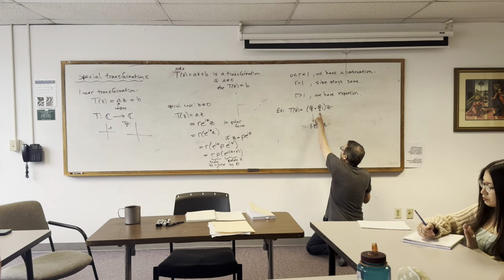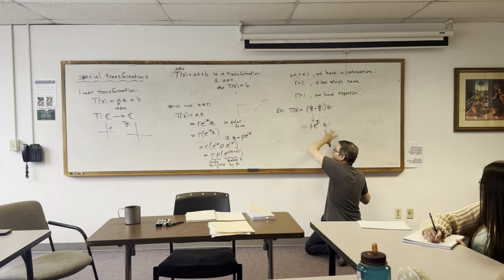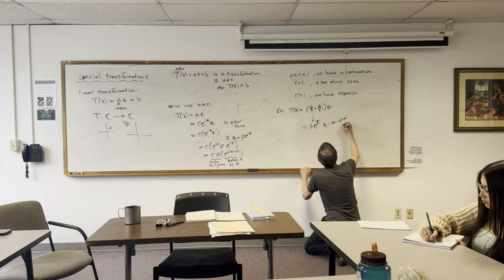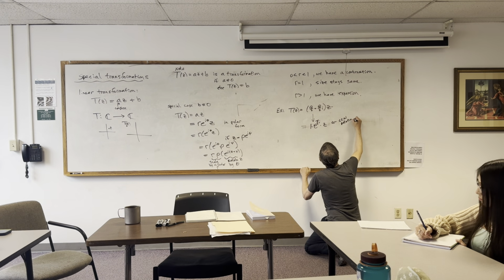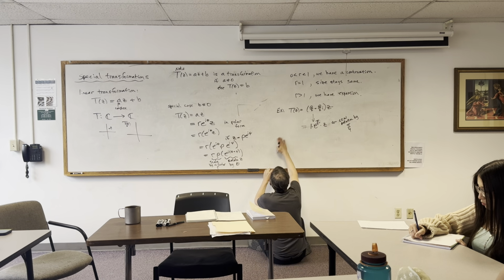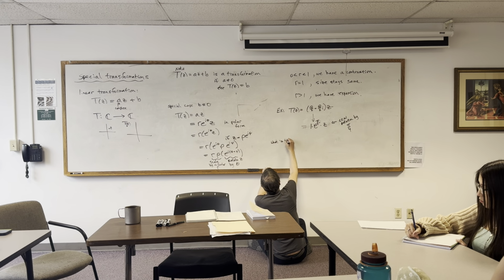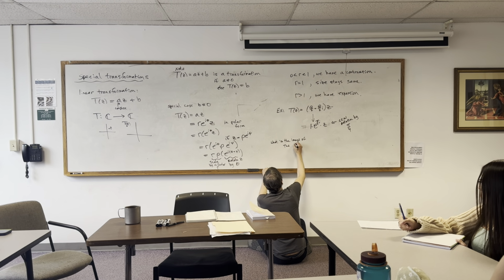So this thing rotates by pi over 4 counterclockwise. So this is counterclockwise rotation by pi over 4. And now I understand this map. So for example, if I asked you, what is the image of the set, and let's draw a little picture here.